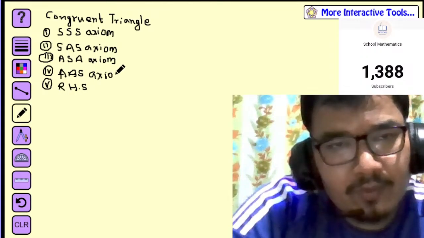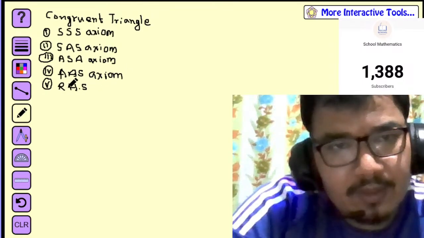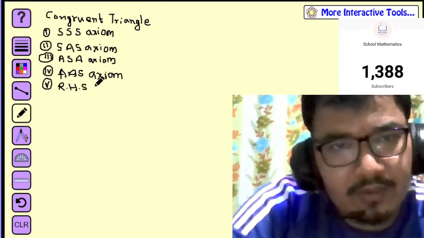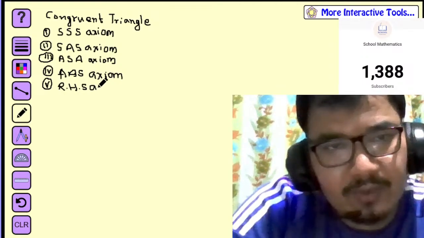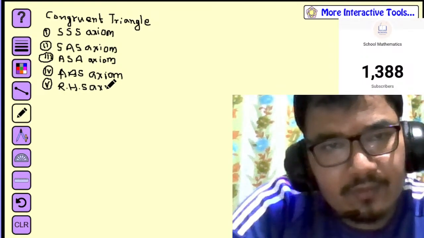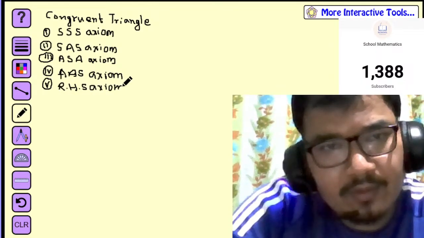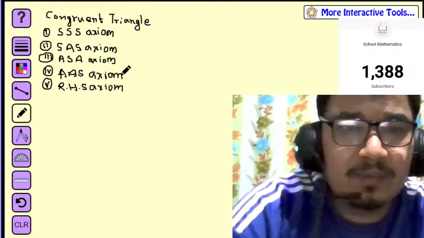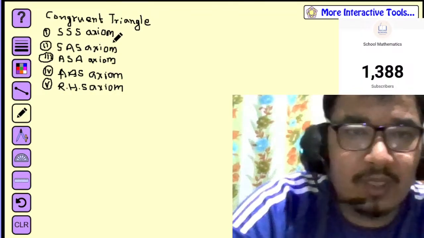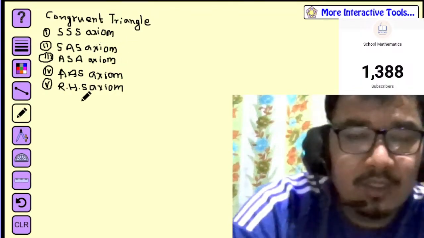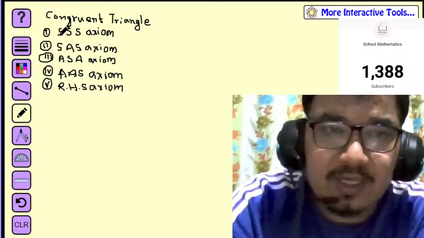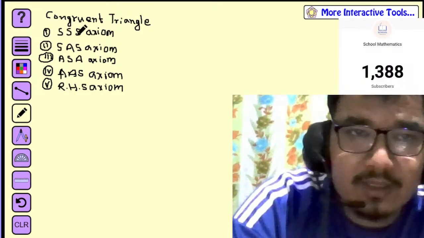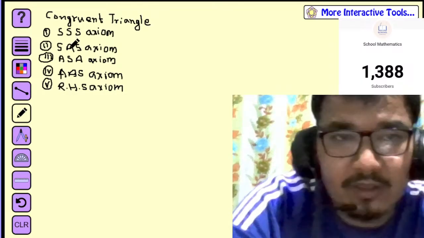These are the five axioms which will be used to prove the triangles congruent. This is right angle, hypotenuse, and side, the RHS axiom. Look here. This S stands for side in this axiom, and A stands for angle.